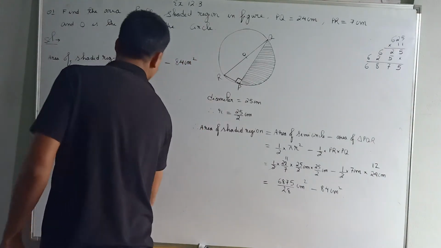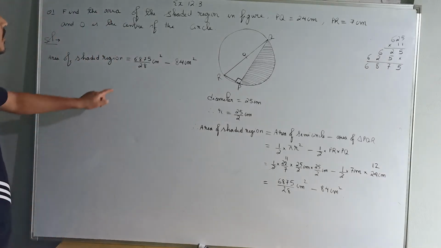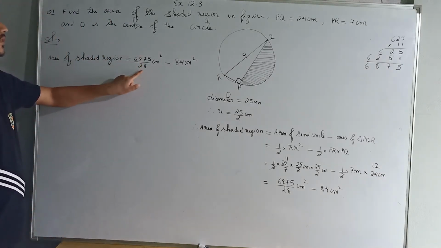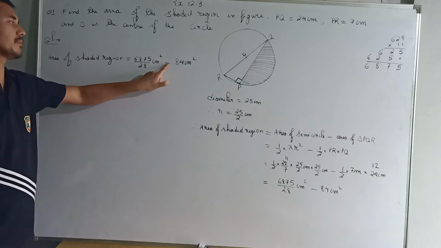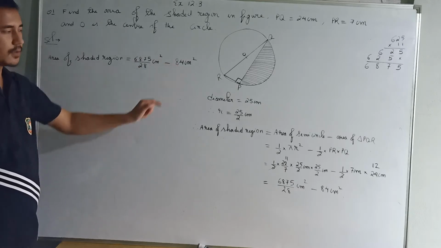What we can simply do is, instead of taking LCM, we can simply divide these two terms and subtract it from 84.